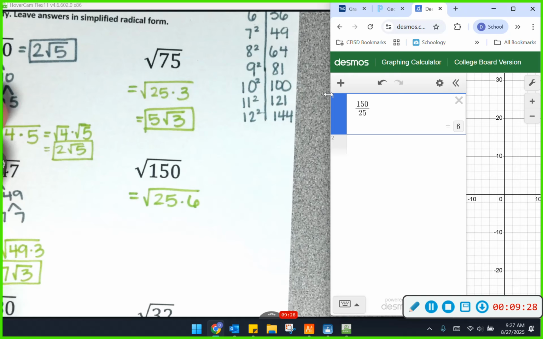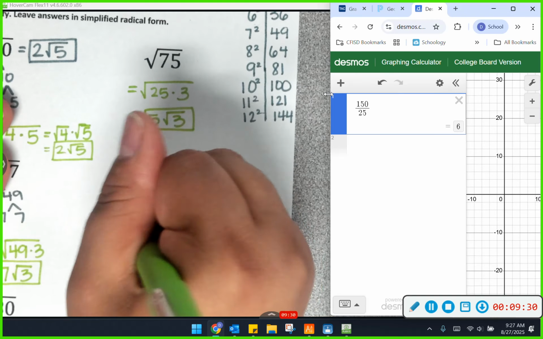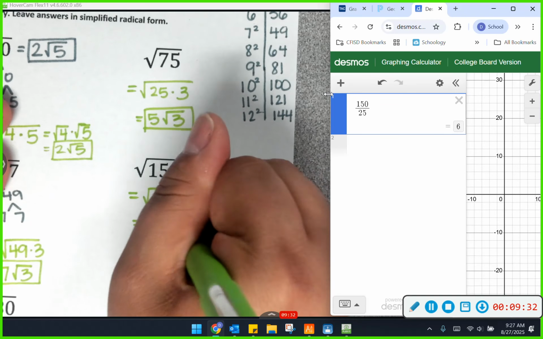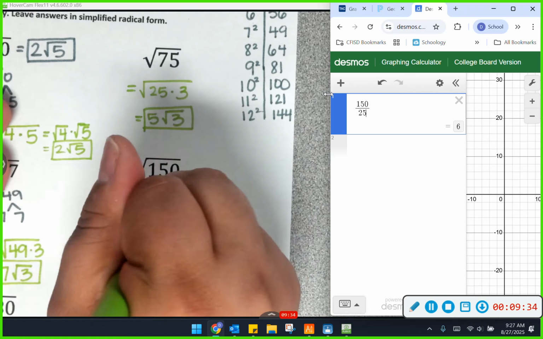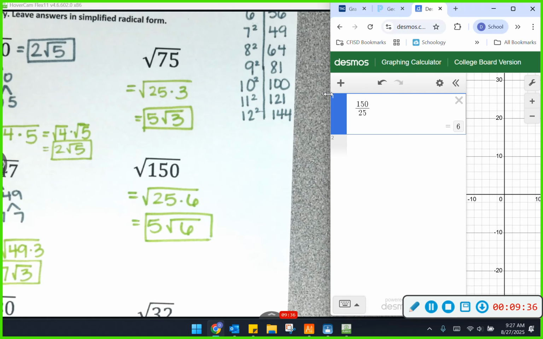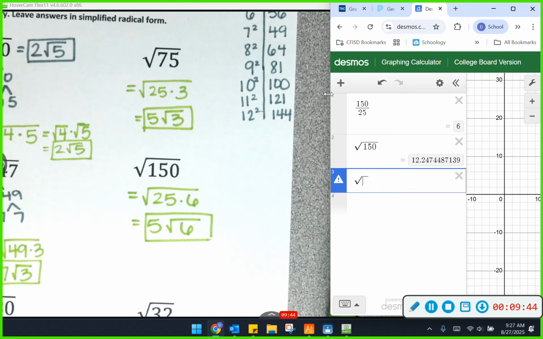What is the square root of 25? 5. So what's my answer? 5 square root of 6. And you can even check yourself by doing the square root of 150 and then the 5 square root of 6. Are they the same decimal? Yeah. So you know you got it right.